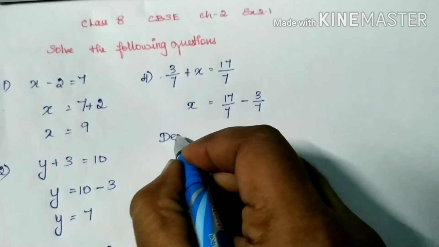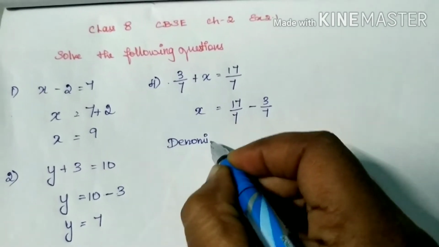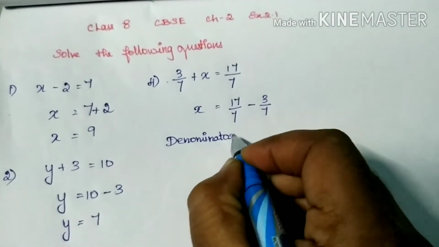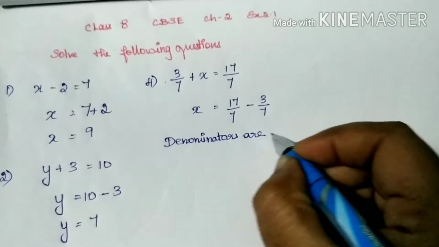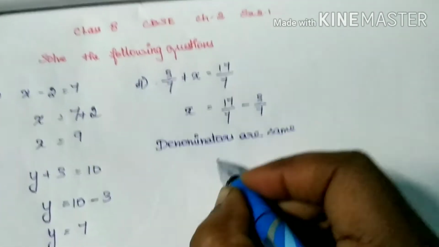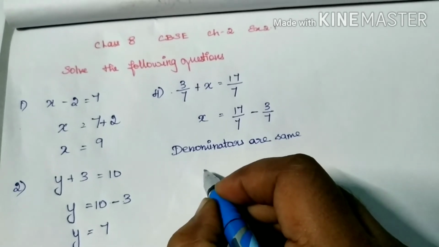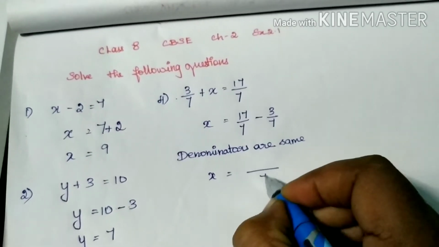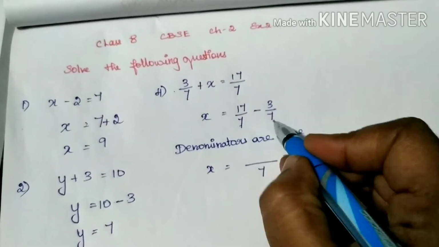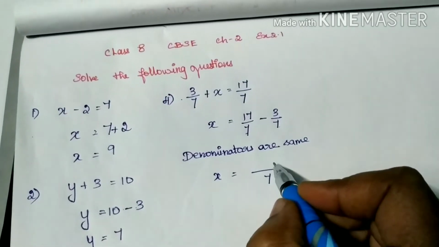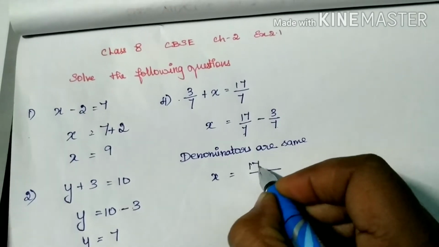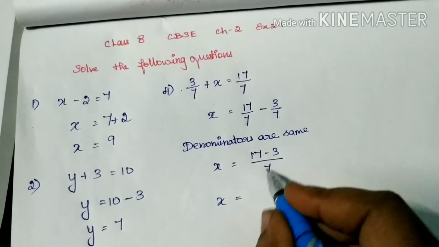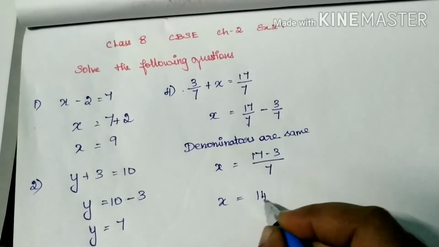Now the denominators are the same, so we can write it in a common denominator, which is 7. So x is equal to 17 minus 3, that is 14 by 7.